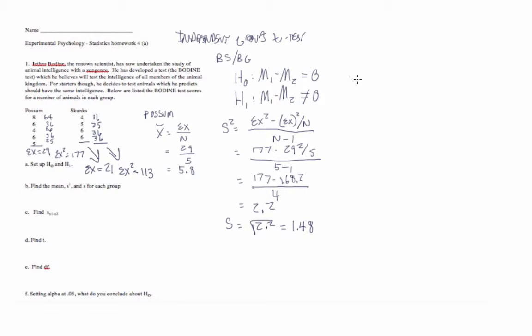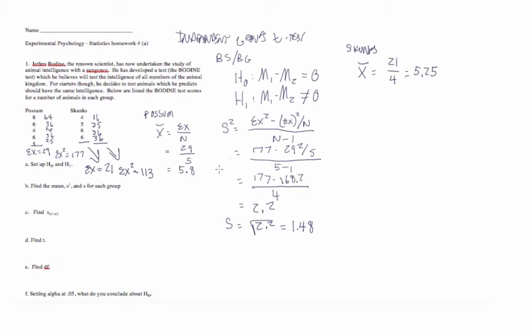So the skunks. We don't need to write the formula up again. We're just going to take 21 over 4. And that's going to be equal to 5.25.